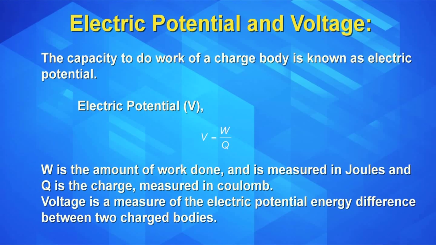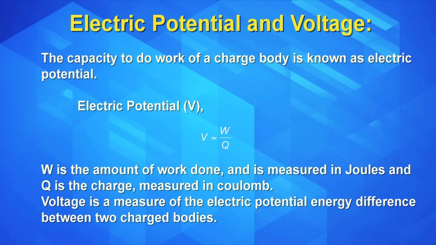Mathematically, electric potential V equal to W by Q, where W is the amount of work done and is measured in joules, and Q is the charge measured in coulomb. So the unit of electric potential is joule per coulomb and it is termed as volt.